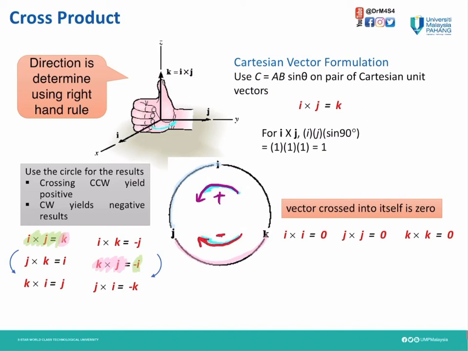This is how we're going to use this circle. Also, when a vector crosses itself it is equal to 0: I times I equal to 0, J times J equal to 0, K times K equal to 0.